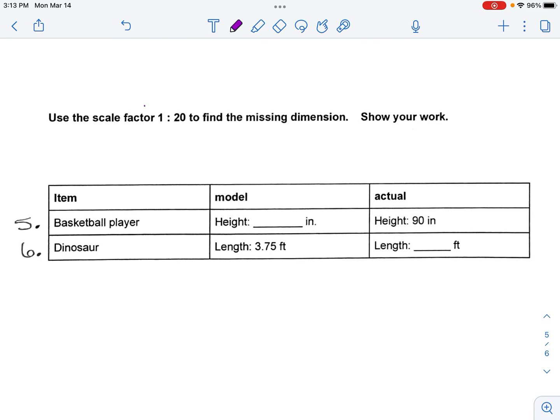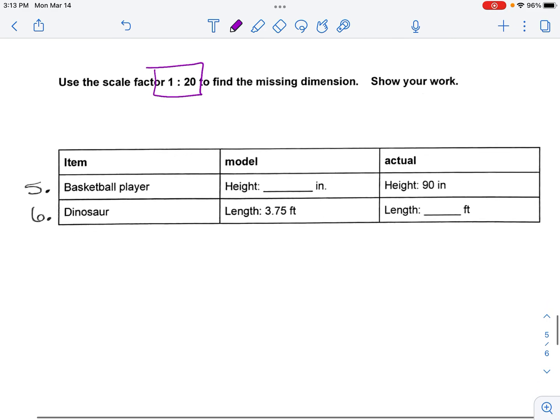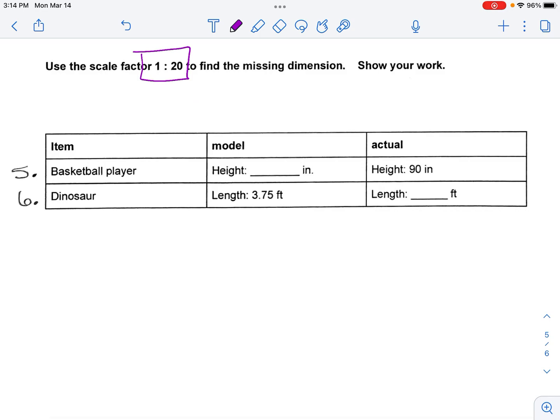Okay, using a scale of 1 to 20, find the missing dimensions. Show your work. So number 5, the scale is 1 inch in the drawing is 20 actual. Number 5, the height, the model, we don't know the drawing.